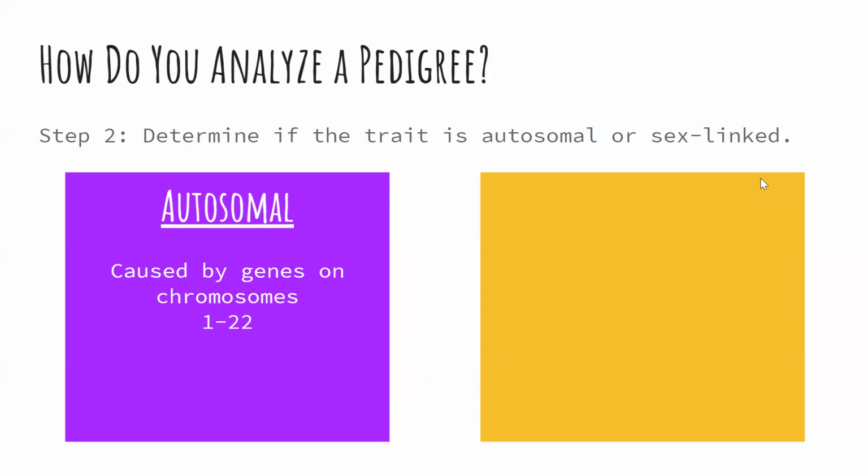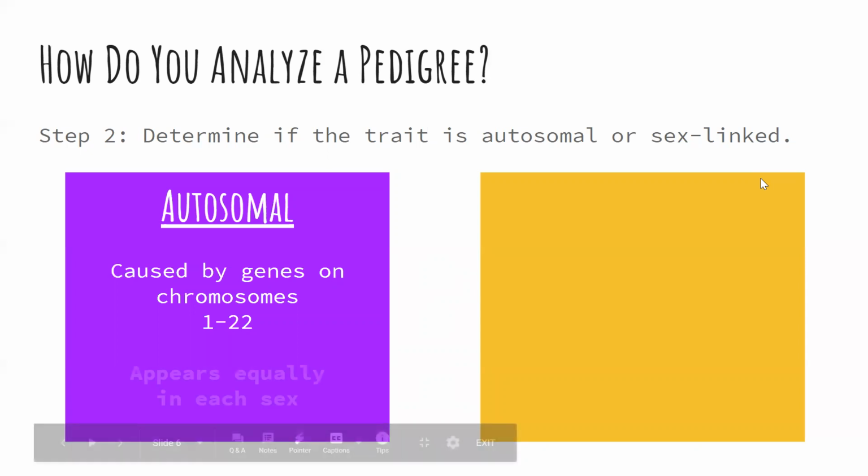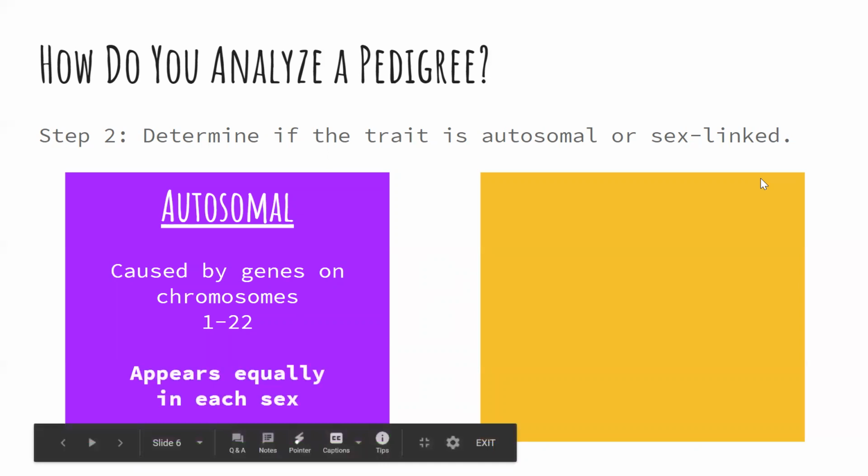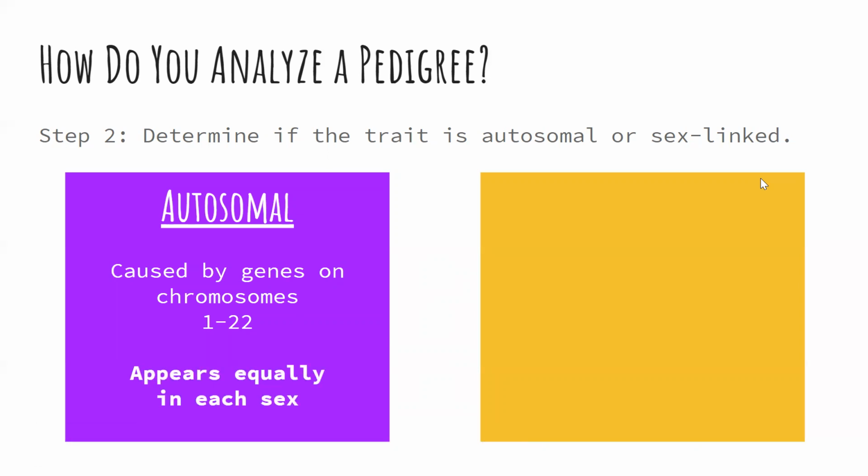Remember, we get 23 chromosomes from mom and 23 from dad. Chromosomes 1 through 22 are your autosomal chromosomes. They control everything about your body: your ears, your eyes, your nose, your throat, your skin color, your hair color. Those are non-sex chromosomes that carry out all the normal functions of your body.